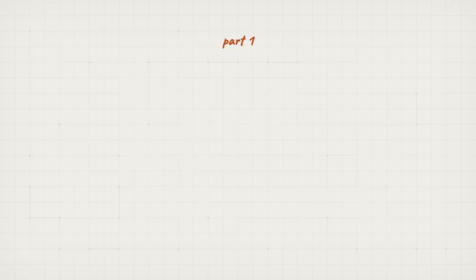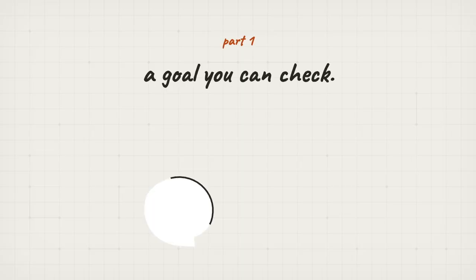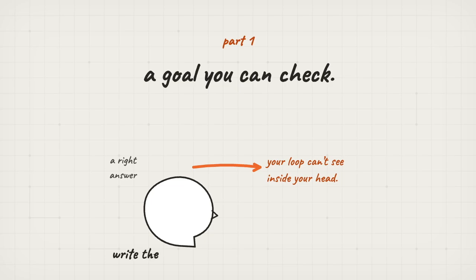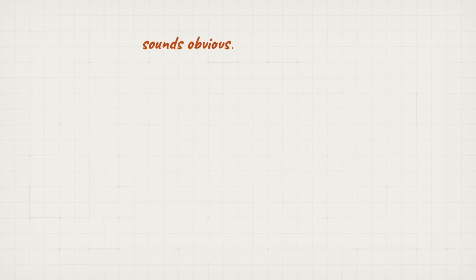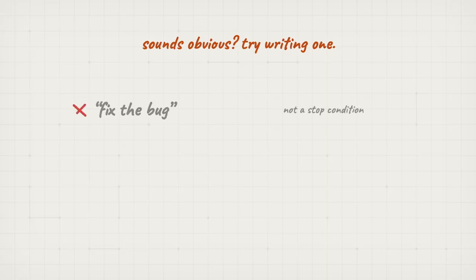So the first part is a goal you can check. Now remember, at the start you knew what a right answer looked like, but that was inside your head and your loop can't see inside your head. So you have to write that target down as something a computer can check without asking the model. Sounds obvious. Try writing one. "Fix the bug" is not a stop condition, but "this test passes" is one.